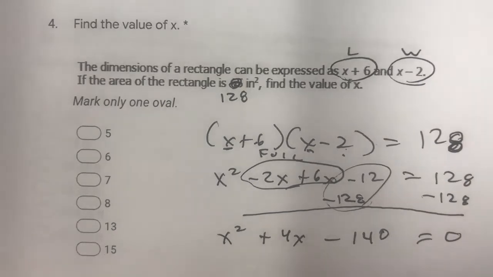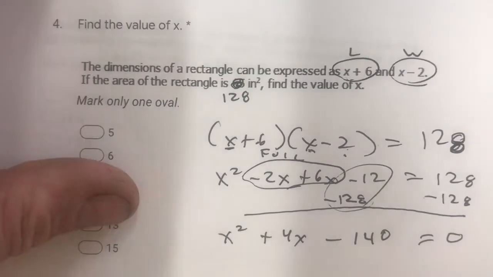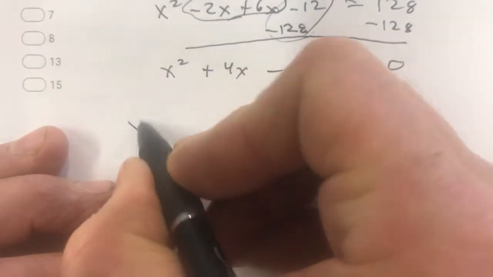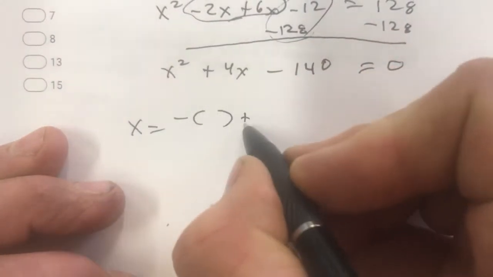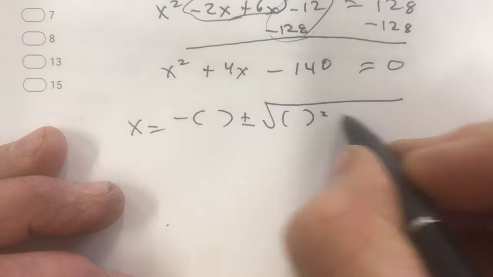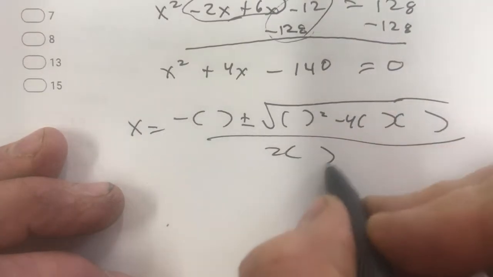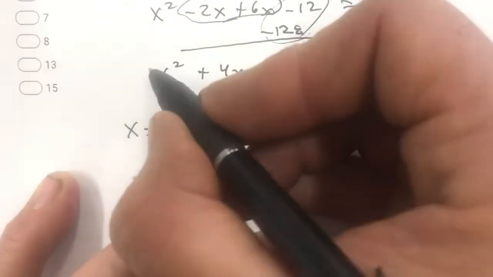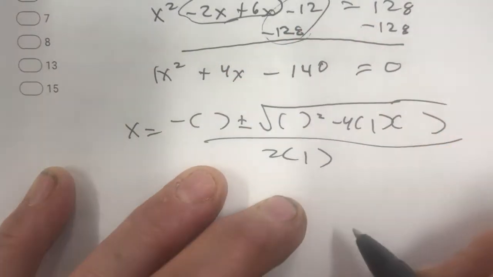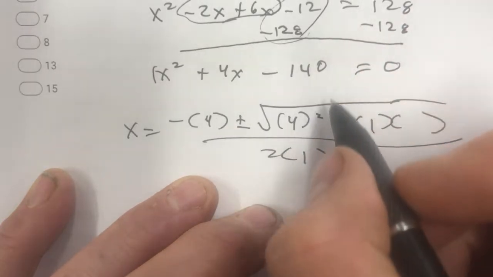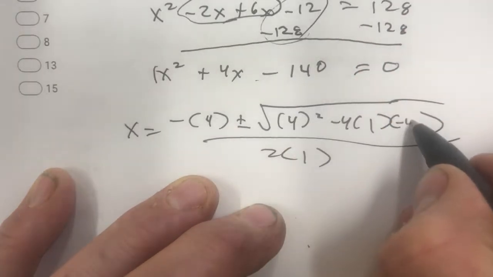Now I've got my problem set up, ready to go. Do the quadratic formula: x equals negative b plus or minus the square root of b squared minus 4ac all over 2a. My a is 1, so that goes here and here. My b is 4, goes in this spot and this spot. And then my c is negative 140, and that goes way over here.